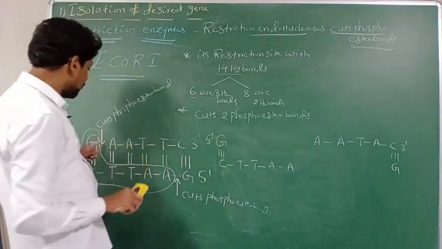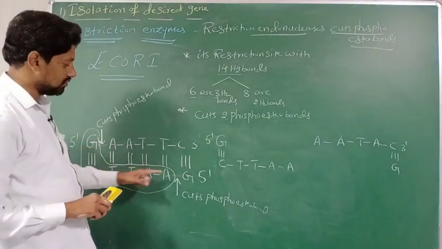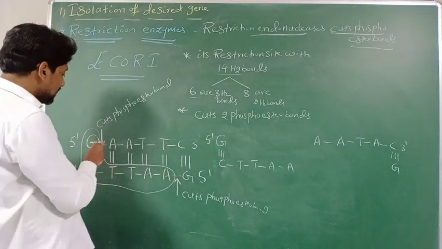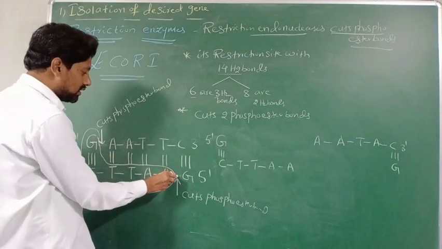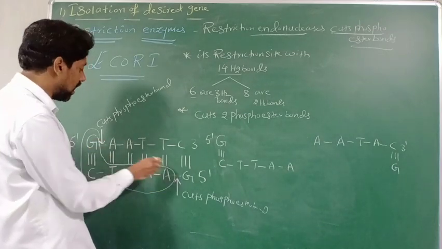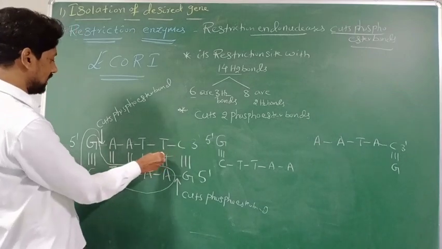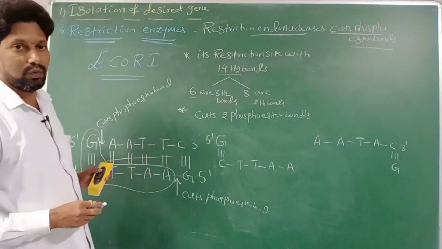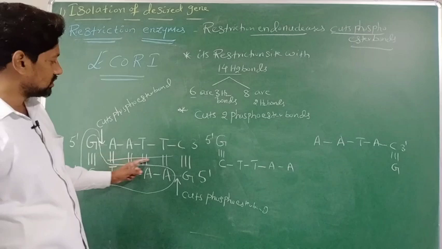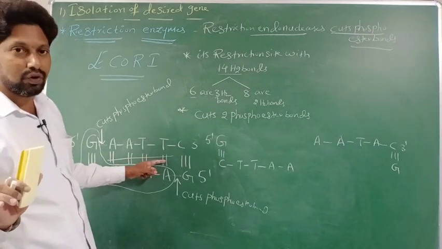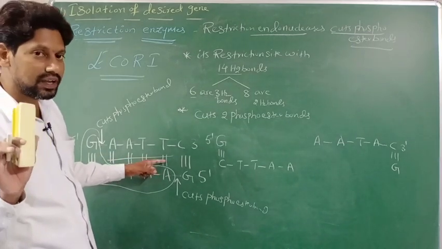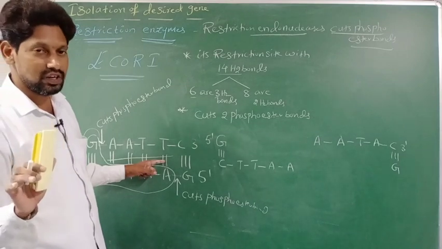Take this fragment. Which bond is broken here? Phosphoester bond. Here which bond is broken? Phosphoester bond. When this phosphoester bond and this phosphoester bond are broken, automatically these 8 hydrogen bonds are removed. Is this statement okay?